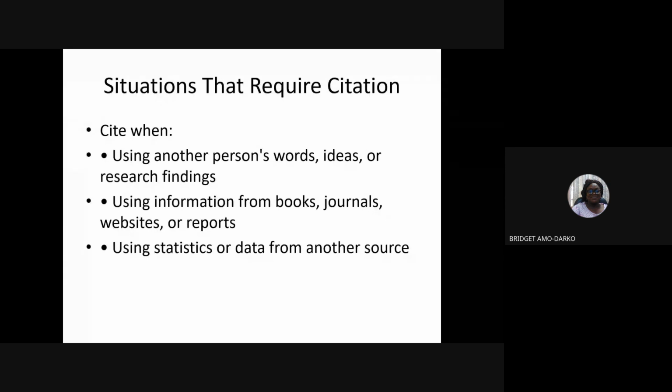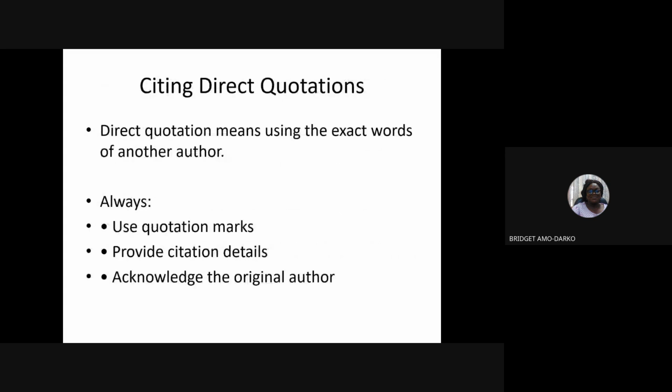If you do that, the authors can sue you, copyright here and there. So when you pick information from books, journals, websites, or reports, and you are using it in your seminar paper, you have to cite the sources of that information.